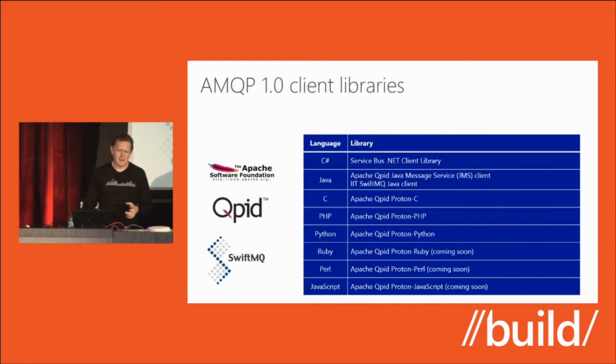So today, for this release, we've done some validation against a bunch of clients. So for C#, you have our own Service Bus client library. For Java, you've got a couple of choices. We've got a JMS client library from Apache Qpid. So for those of you that don't know, JMS is a very popular API standard for messaging in the Java world.